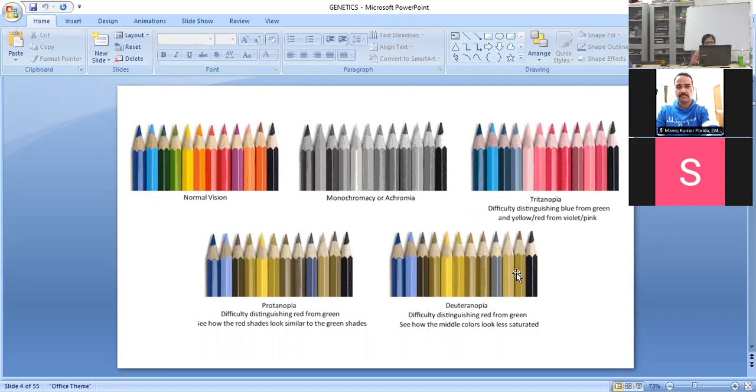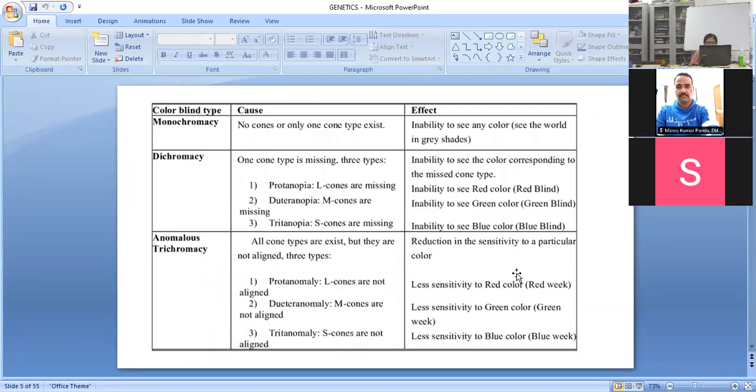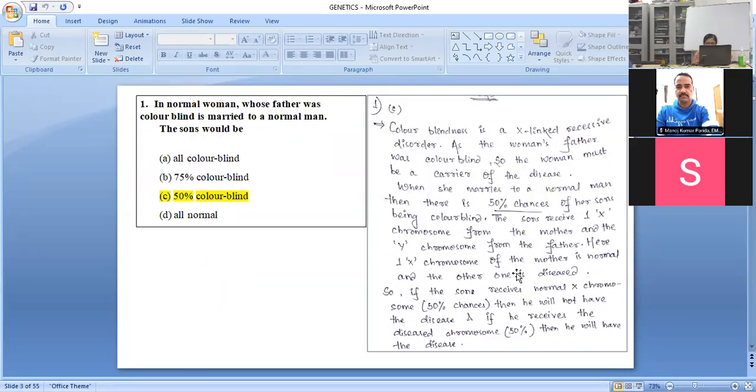So with this background knowledge, we can see that there are certain cones that are responsible for color vision. Now, how is this particular trait inherited? We say that it is an X-linked recessive disorder. So if it is X-linked, females have 2 X chromosomes, and males have an X and a Y. So who is at a greater chance of contracting this disease?